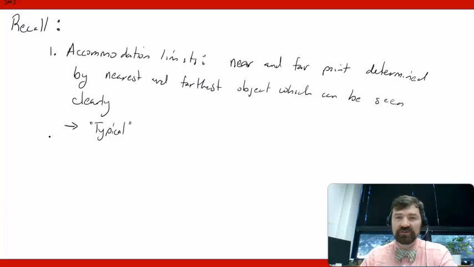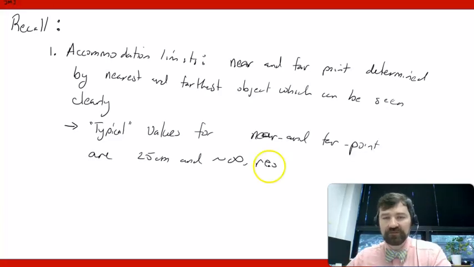The accommodation limits are determined by how close your near point is to your eye and how far away your far point is from your eye, and they are related to what kind of power your eye's lens has for focusing. Typical values for near point and far point are 25 centimeters and effectively infinite distance away, respectively.